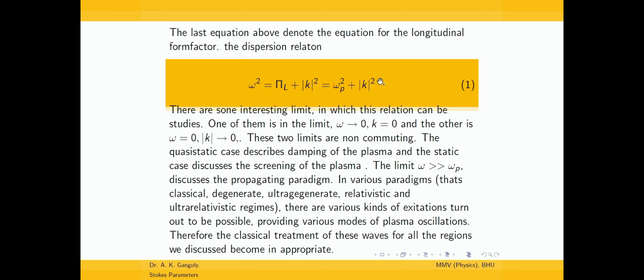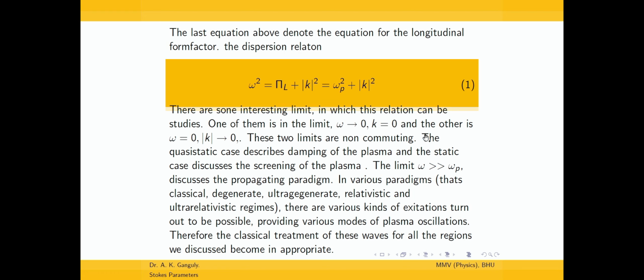It becomes imaginary because on the left hand side we have omega square minus omega p square equal to k square, and since omega square is less than omega p square, the difference is negative. So, k is bound to be imaginary, and what it tells you is that the excitations in the system do not propagate up to infinity, they get damped by a length scale which is given by the square root of omega square minus omega p square.